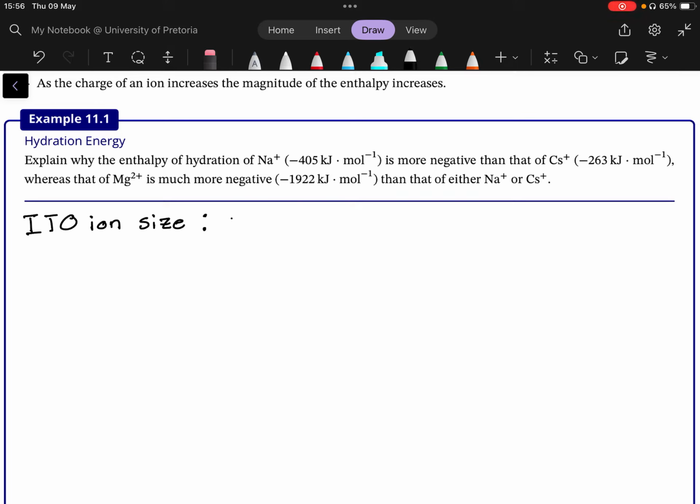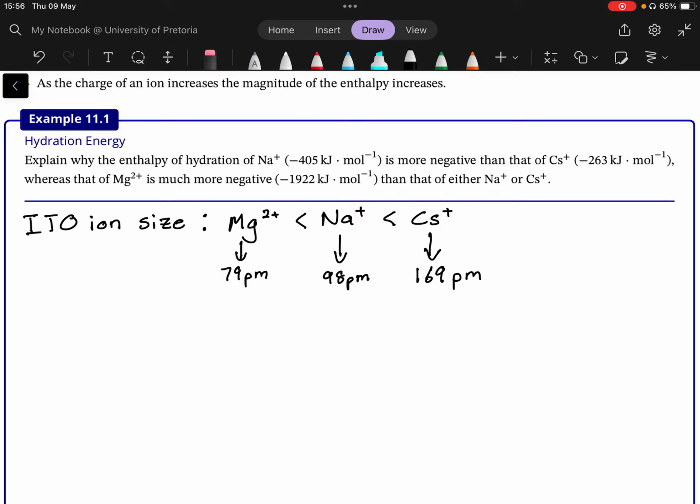Well, the smallest ion here is magnesium 2+. It's smaller than sodium, and sodium is smaller than cesium. In fact, just for interest, the values are: magnesium's radius is 79 picometer, sodium's is 98 picometer, and cesium's is 169 picometer.